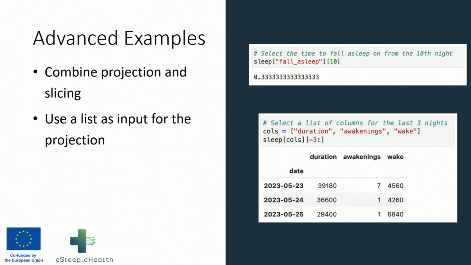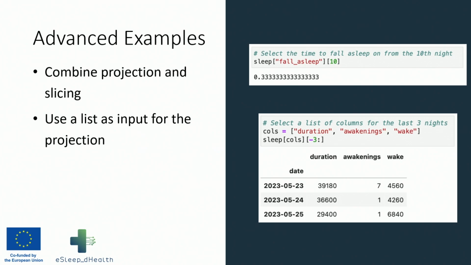Okay, here are some advanced examples. Here we combine the projection and the slicing. In the first one, we select the time to fall asleep on the 10th night in the data frame. So we only use one column, the fall asleep time, and we only use one single night. So we end up with one single value. Or another example, we use a list as an input for the projection.